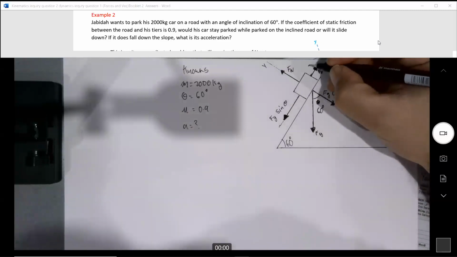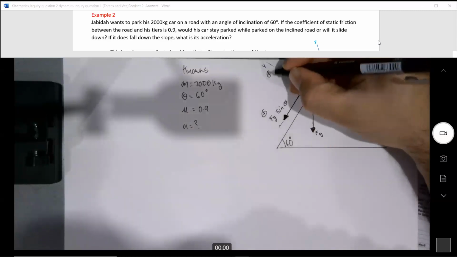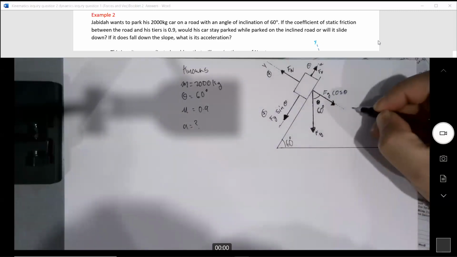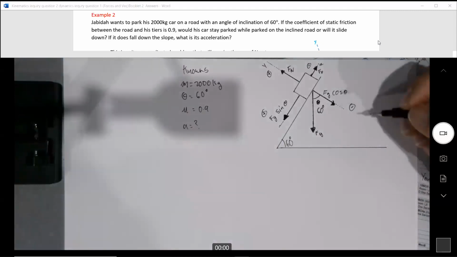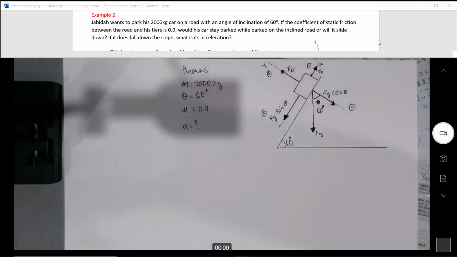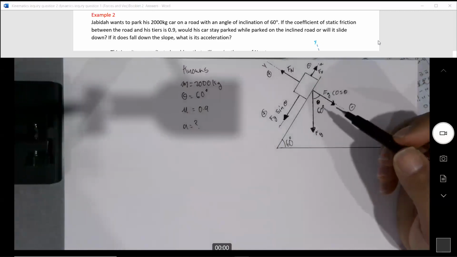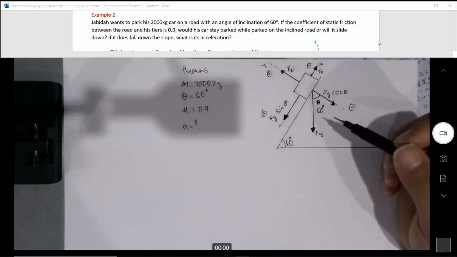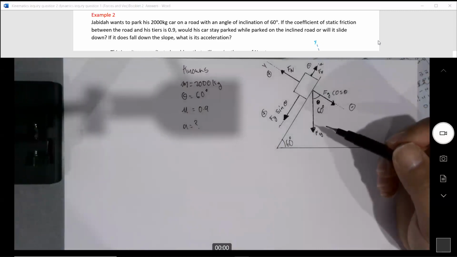We're going to treat this side as negative, this side as positive, this side as positive, and this side as negative. As long as we're consistent, it should be okay. All right, so we've done that. We've got our conventions, we've got our diagrams. Next thing is to have a look at Newton's laws.